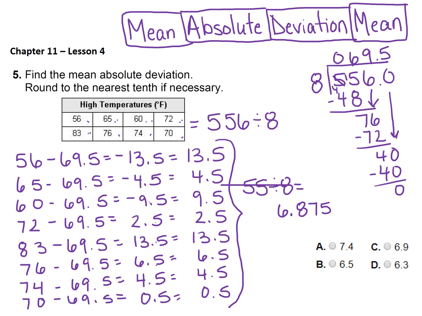And it says to round to the nearest tenth. So I'm going to round to the tenths place, which means I look at the hundredths place, and this will become 6.9, which is answer choice C.